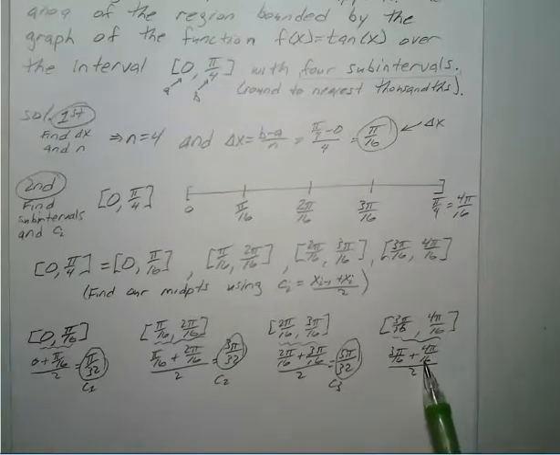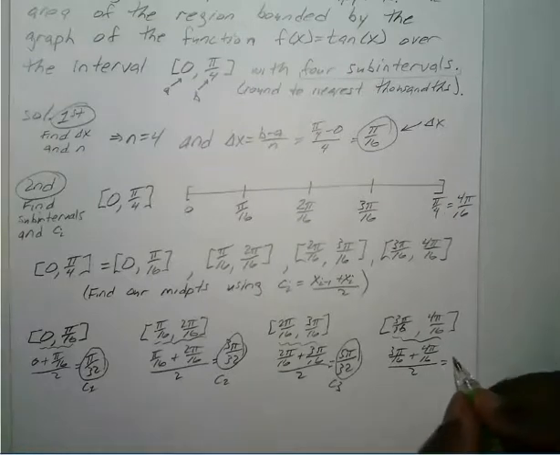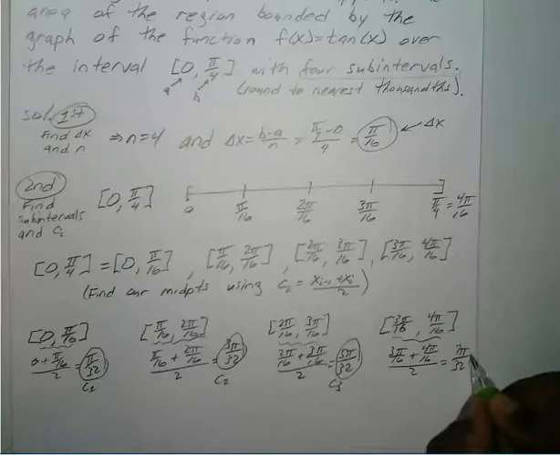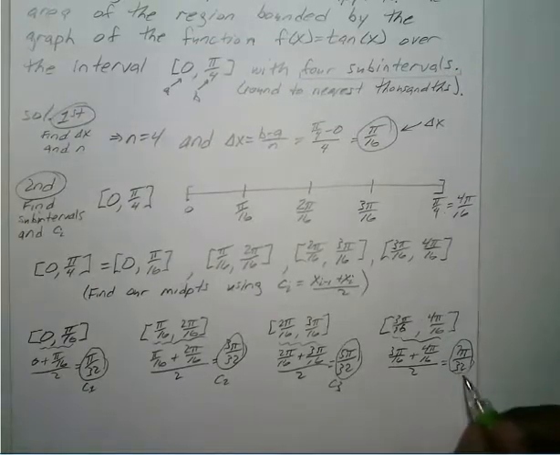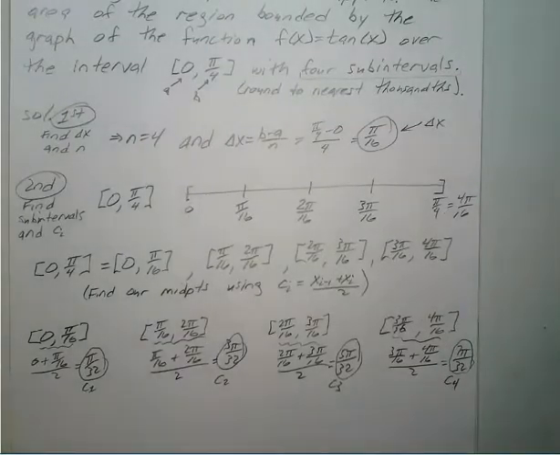That's 7 pi over 16 divided by 2, which is 7 pi over 32. And that is our C sub 4. Okay, we have our C sub 1, C sub 2, C sub 3, and C sub 4.